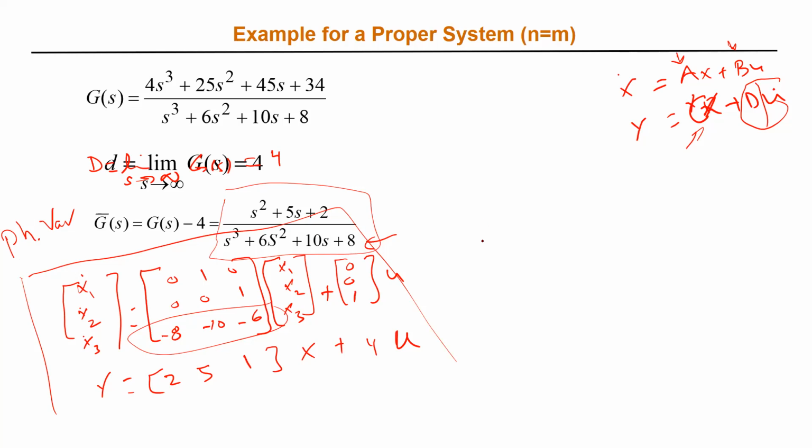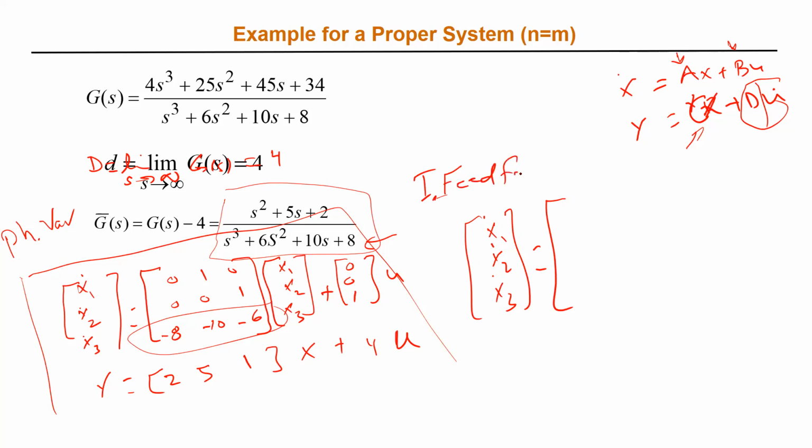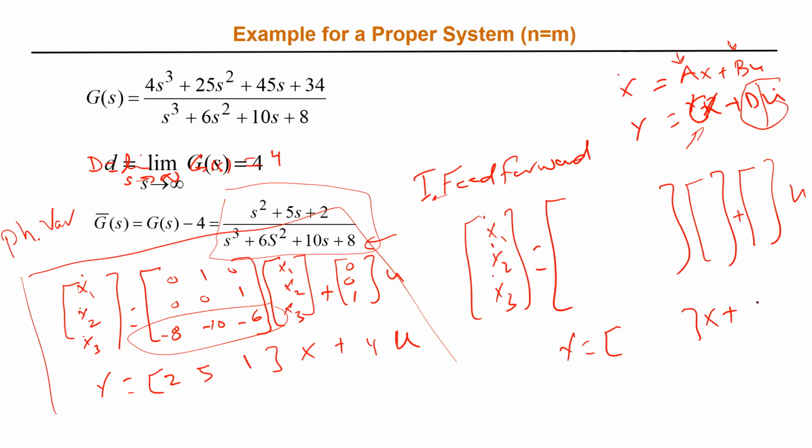Now the other representation, x1 dot, x2 dot, x3 dot, is the input feed forward form. You transpose A. So what do you get?